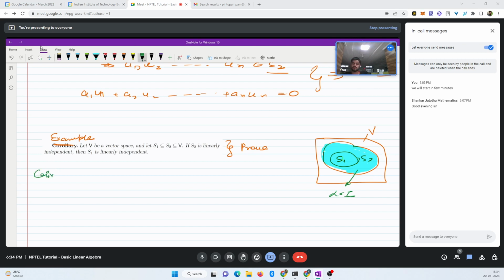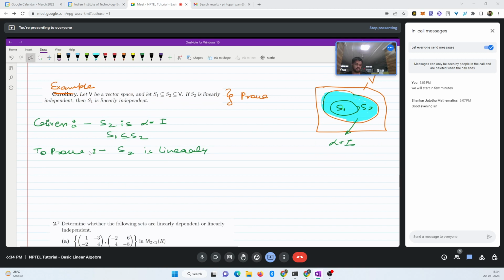So we are given that S2 is linearly independent, okay, and S1 is a subset of S2. Now, we have to prove that our S1 is linearly independent.